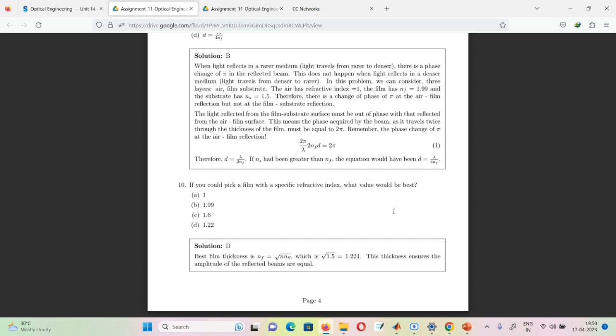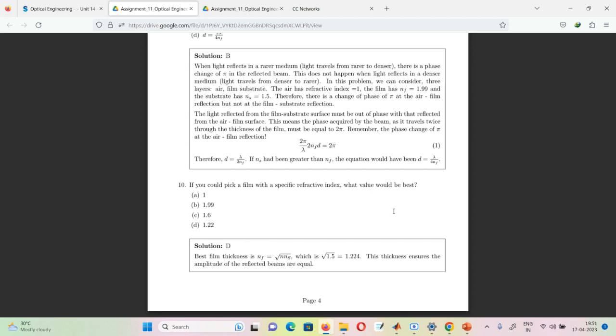If you have the option to take both the refractive index as well as the thickness, then it's an easier calculation, because in that case the middle layer refractive index will always be the square root of the two refractive indices, and that will always be in between your air and the substrate refractive index. In that condition, the condition for destructive interference will be lambda by 4 thickness. So it's a direct question.